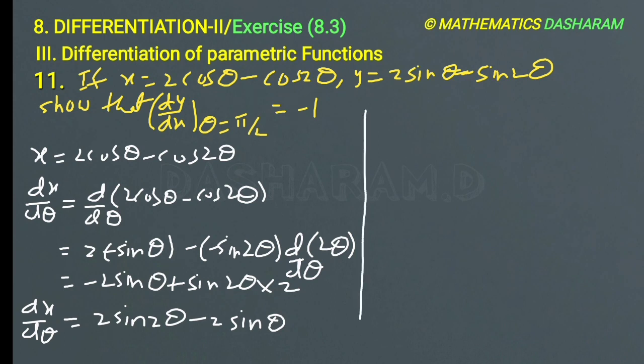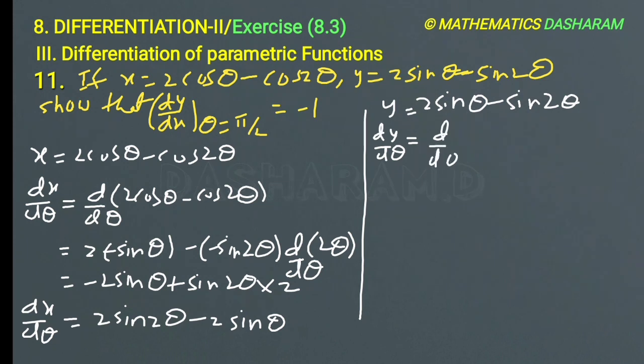So then next one is y equals 2 sin theta minus sin 2 theta. Do the derivative on both sides. dy by d theta equals d by d theta of 2 sin theta minus sin 2 theta.